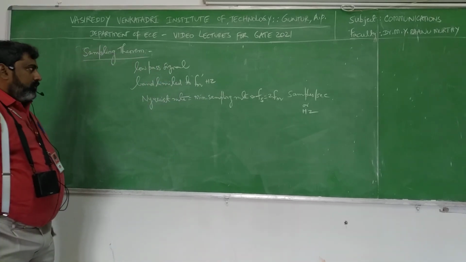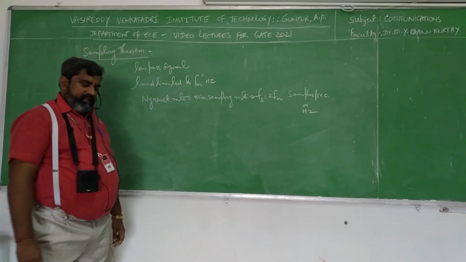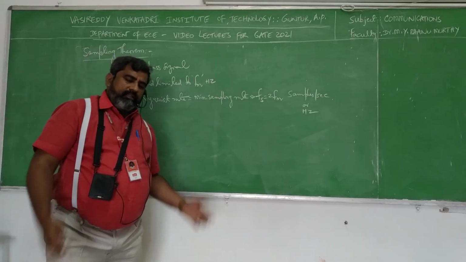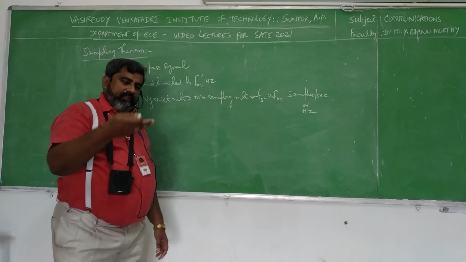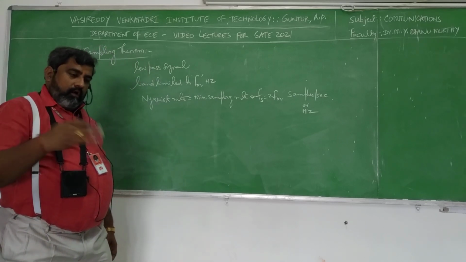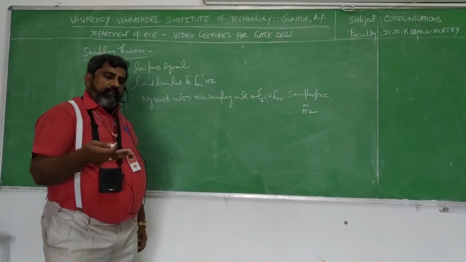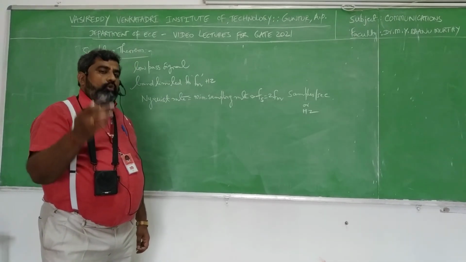Okay. So now please understand this condition. The statement again: low pass signal. So what is a low pass signal? How to describe it? We have two types: one is a low pass signal, another one is a band pass signal. How do you distinguish these two? For a low pass signal, the spectrum of the signal is centered at 0.